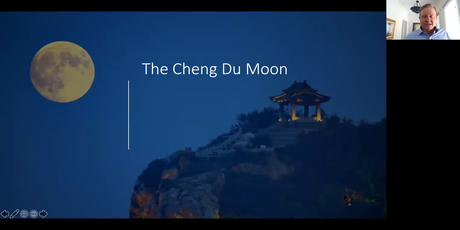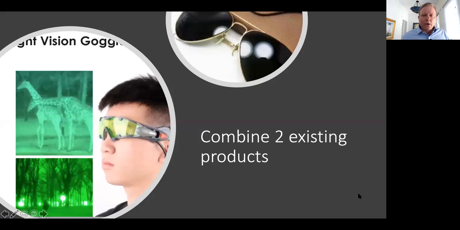Another idea to consider, remember from our last lesson, we looked at the Chengdu moon. We're trying to light up the streets at night in Chengdu, but we don't want to have the satellite. We actually haven't even looked at the satellite, but what could we do that would be completely different that would solve the issue? Well, what about combining two existing products?